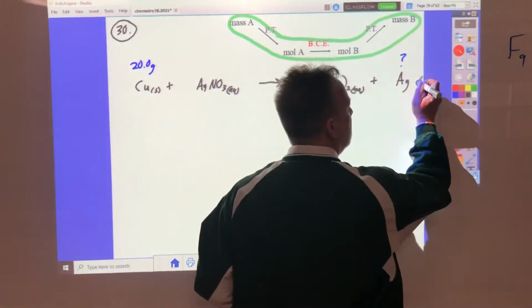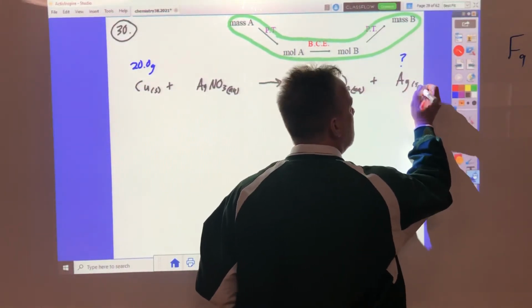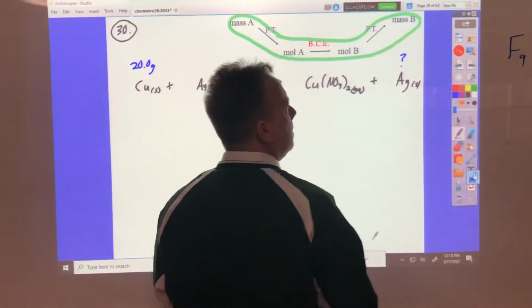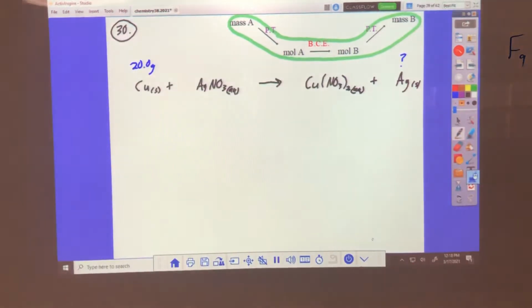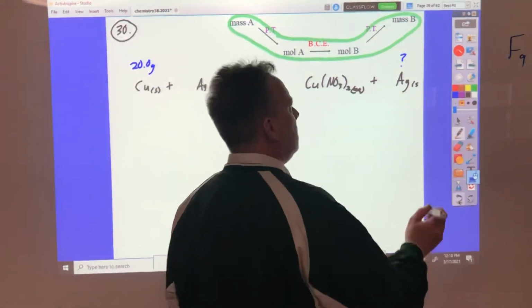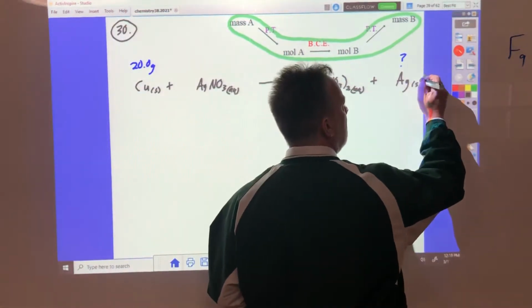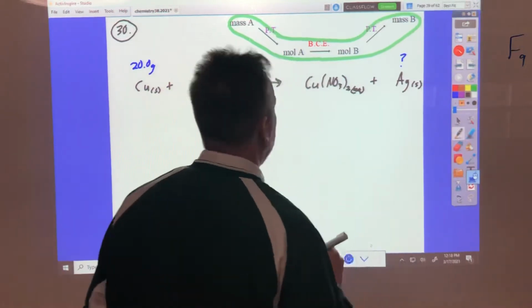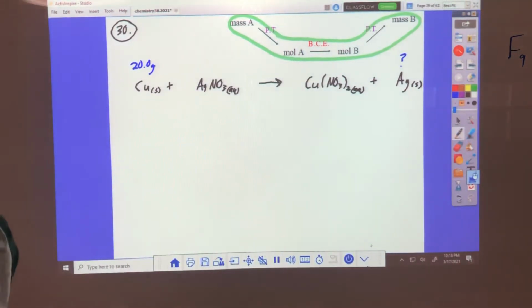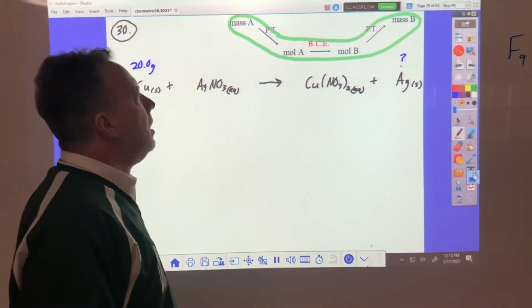What kind of reaction is this? Well, it's not synthesis because I have more than one product. It's not decomposition because I've got a plus sign there. It's not even redox. Well, yeah, it is redox, but anything can be redox.